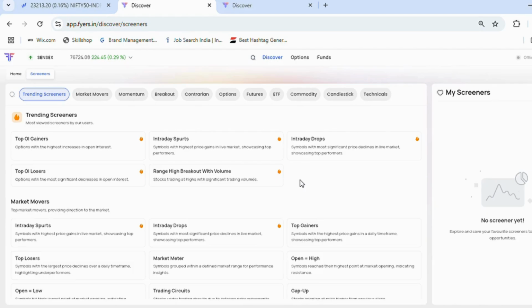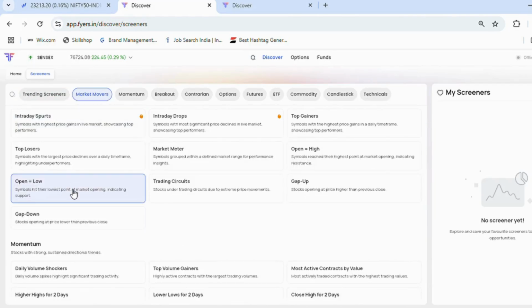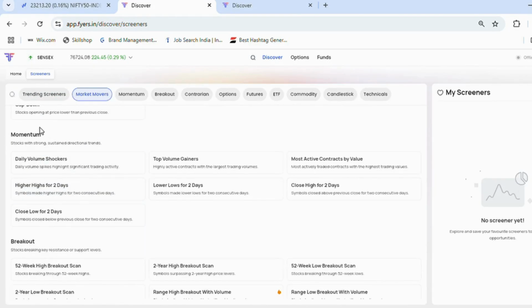First, let's find stocks for swing trading using these screeners. In swing trading, the goal is to capitalize on momentum, breakouts and reversals. So let's look into different strategies using these screeners. First, for swing trading, let's use the momentum screeners. This is the momentum screener.